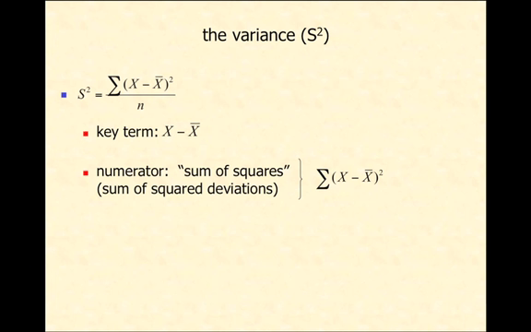In this case, we take all scores, we subtract the mean from each score, and we square those scores. It's the sum of all of those squares. For short, we call this the sum of squares. It's also signified in notation by SS. So variance, S squared, is the sum of squares over the number of cases.